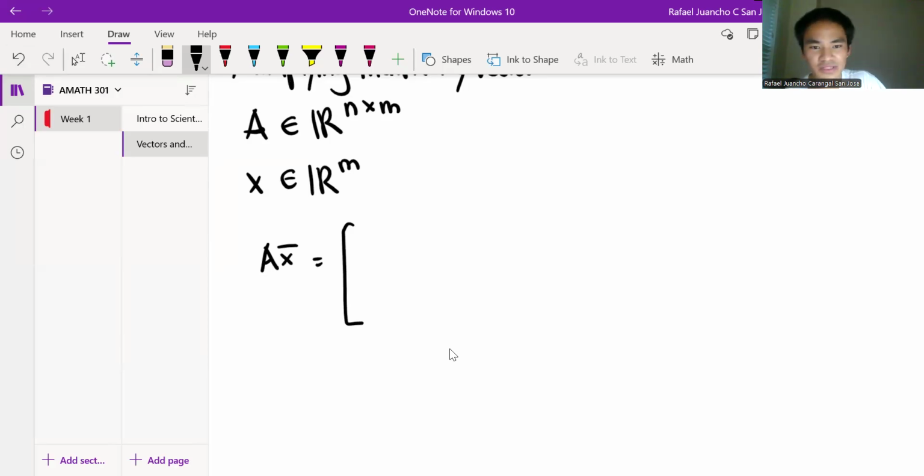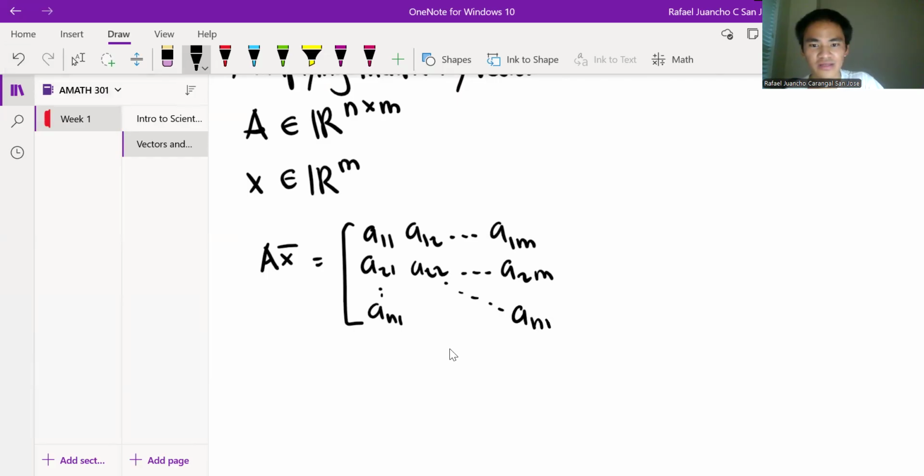So if we multiply, let's say A starts at a11, a12, all the way to a1m, because these are the number of columns, right? And then here we go down, a21, to an1, because we have the number of rows. Then here we continue, a22 all the way to a2m. We can skip these parts.